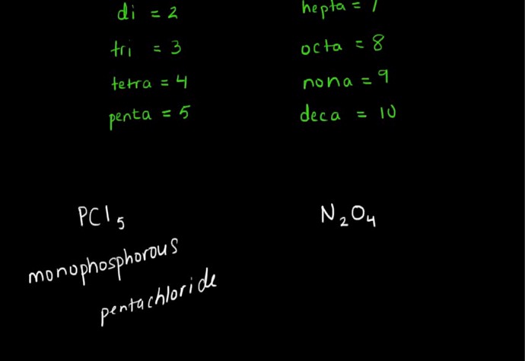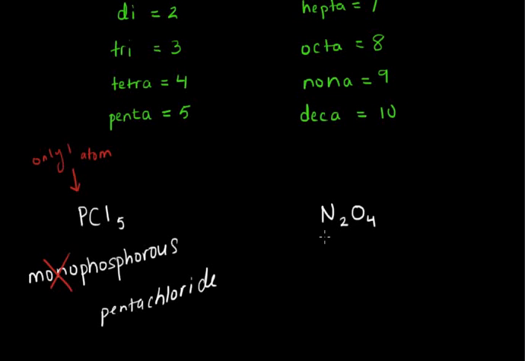Whenever we have one atom in this first slot, so there's no little number here that means there's only one phosphorus atom, in this first slot, we actually do not use the mono prefix. We just say phosphorus pentachloride, and when there's no prefix, we assume there's only one atom of that first element. But this pentachloride bit is perfectly acceptable.